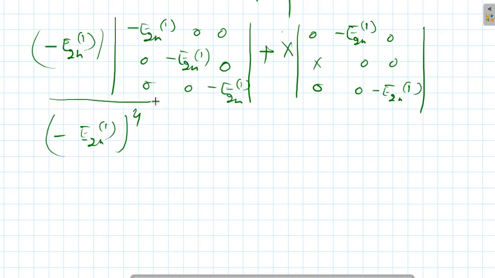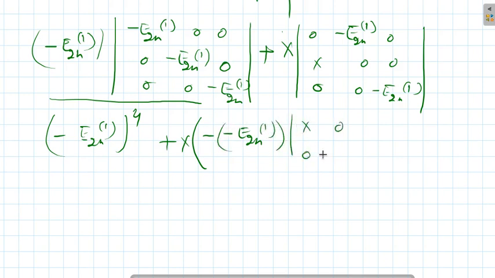It is the value of this, because this is a diagonal matrix, and these are 4 terms, and then plus x, operating along this only, and here it is minus E2N1, the determinant will be x, 0, 0, minus 2 and 1, and this will be equal to 0.